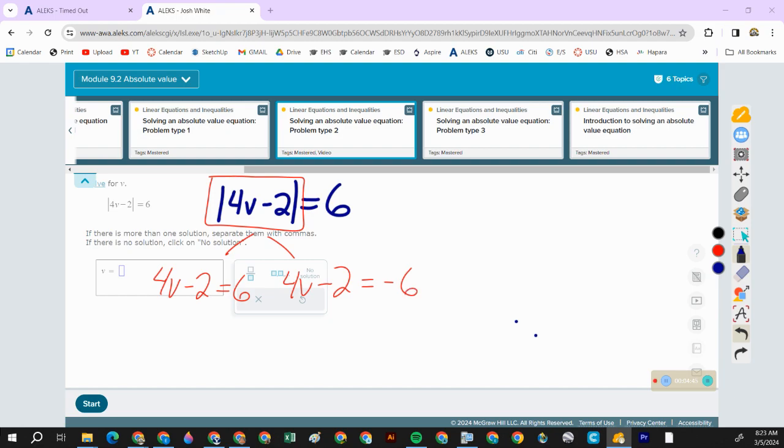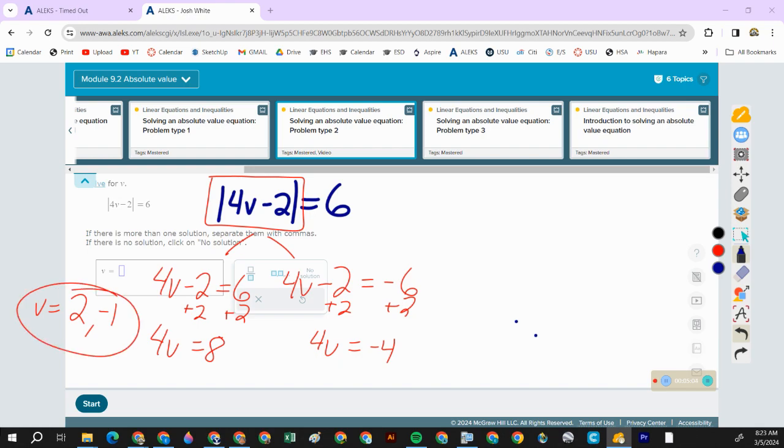And then I solve each of those. Add 2, 4v equals 8, divide by 4, v is equal to 2. Add 2, 4v equals -4, divide by 4, and I get -1. So v is equal to either 2 or negative 1.